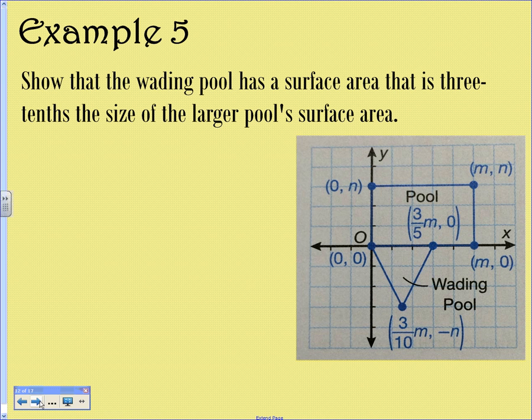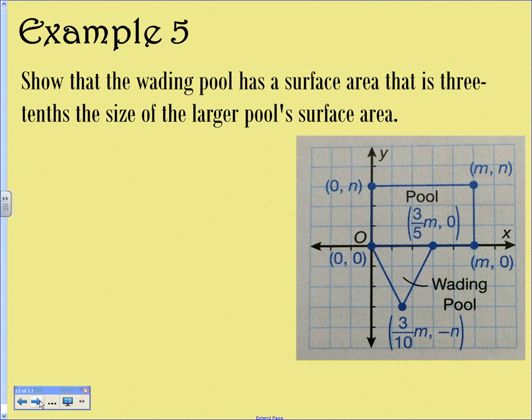Okay, but we're looking at just a pool, right? How do we find the surface area of this room? Like, just the room. Well, let's say I want to find the surface area of this. What would I do? Length times width. Because they don't tell us any height, do they? So how do we find surface area? It's basically just the area.